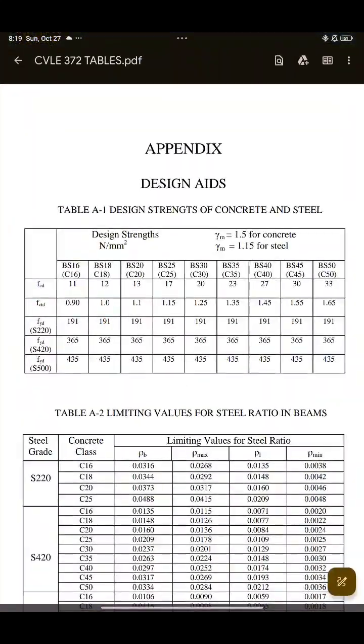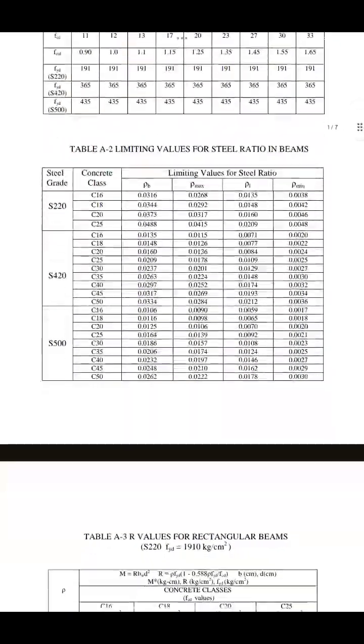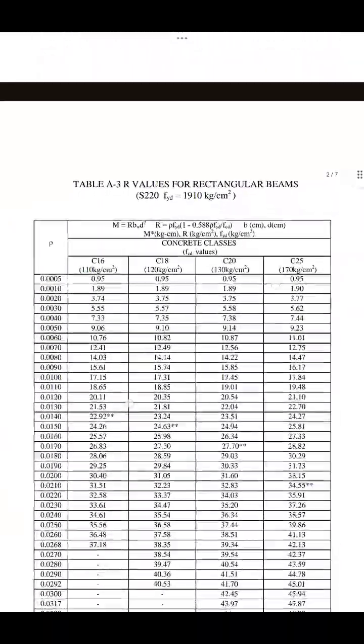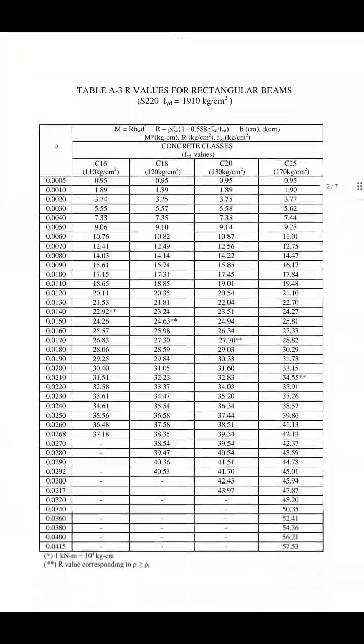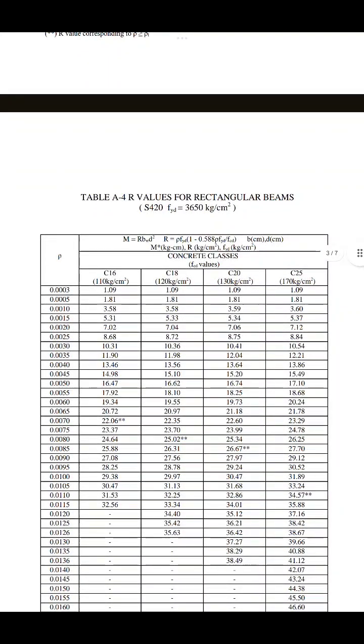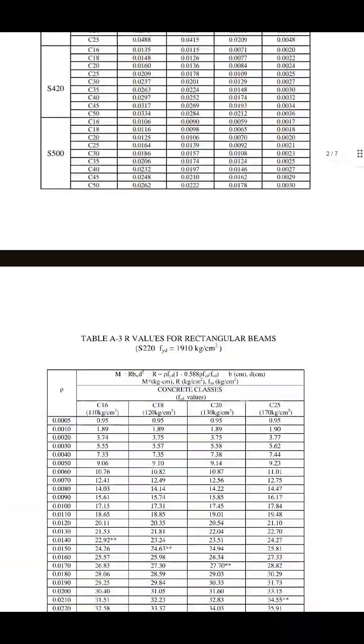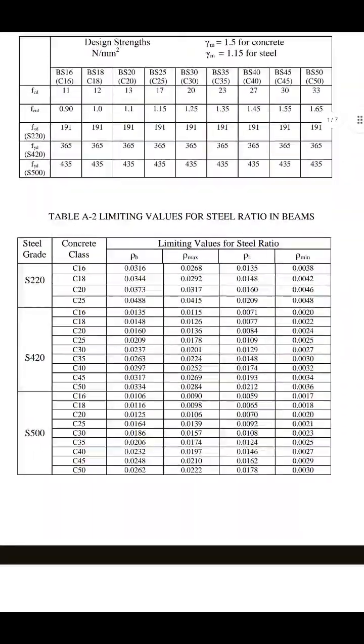Some codes or some courses use formulas, but I will use the tables. So the S I have in this question is 420, and the C I have is 25. No, sorry, this is a different table. Yeah, this table. So I have S 420 and C 25.